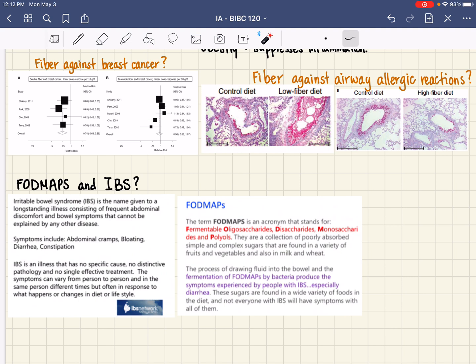However, for the purposes of this class, you should definitely know that the symptoms of ingesting FODMAPs in some individuals are compatible with the symptoms that some individuals with IBS have. And that is why, for some individuals who have IBS, completely avoiding FODMAPs, which are a type of saccharides, helps them alleviate their IBS symptoms. Hopefully that made sense.